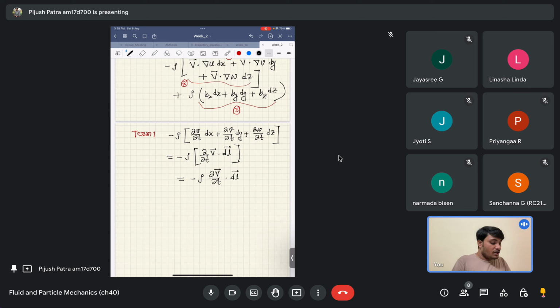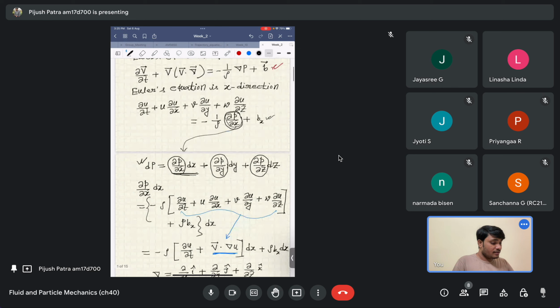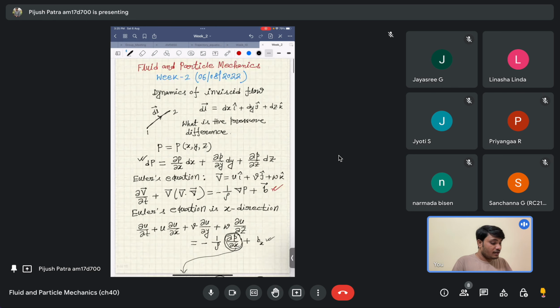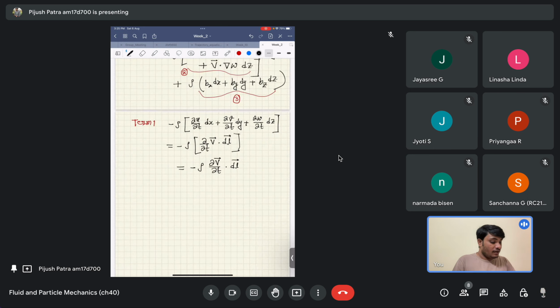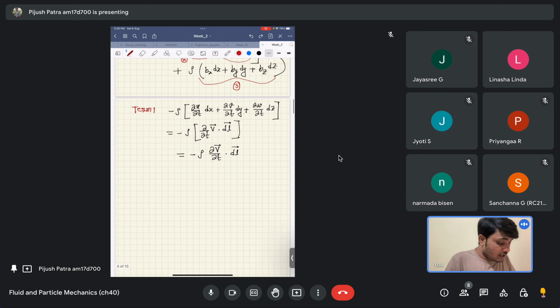If you substitute dl as dx i plus dy j plus dz k, and write dx from here, dl from here, and then ∂v/∂t from here, it will essentially end up with this term. It is very simple to see, there is nothing difficult in it. What will be term 2? Here the difficulty level will come.